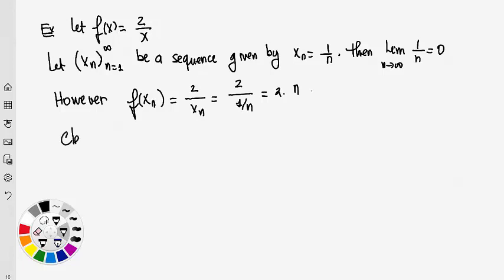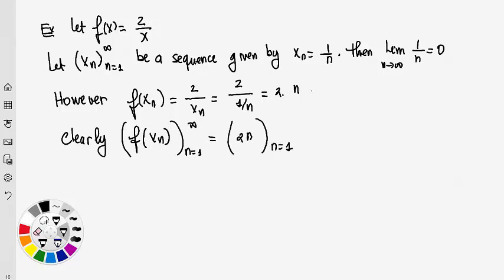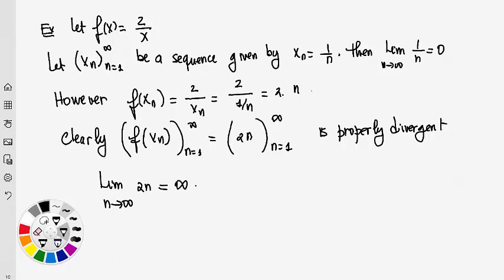And clearly you will agree that the sequence f of xn, which is the sequence 2n as n goes from 1 to infinity, is properly divergent, in the sense that the limit of 2n as n is approaching infinity is infinity.